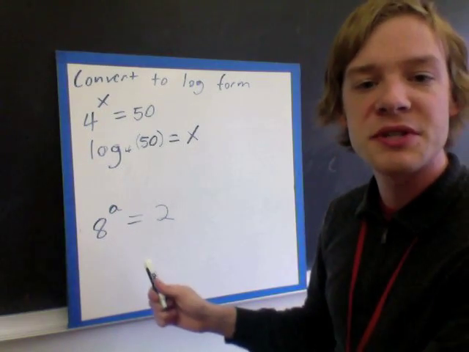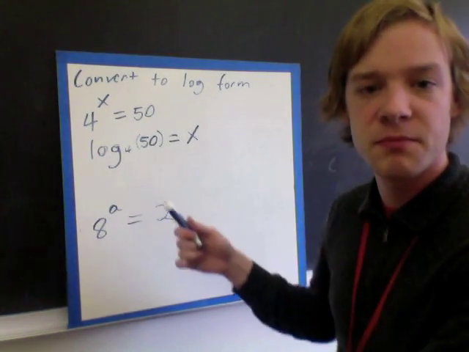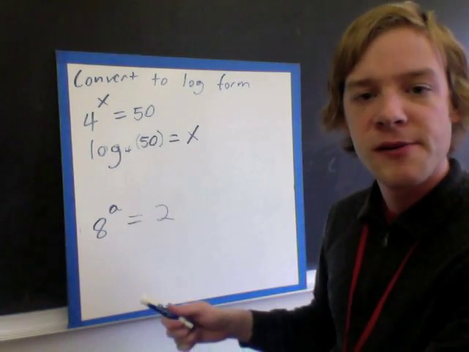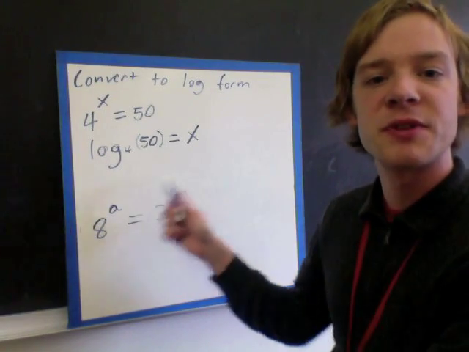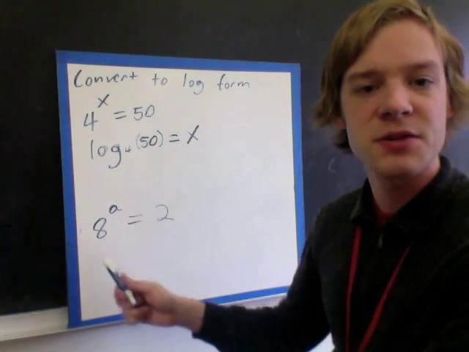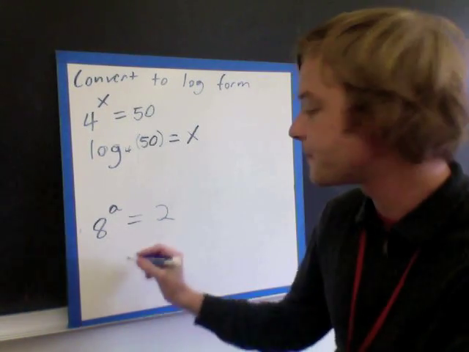Down here, we want to do the same type of thing. If you think you can solve this one out, pause the video and solve it for me. So if we were going to put this into logarithm form, our base here is 8, so we're going to have log and then a small 8.